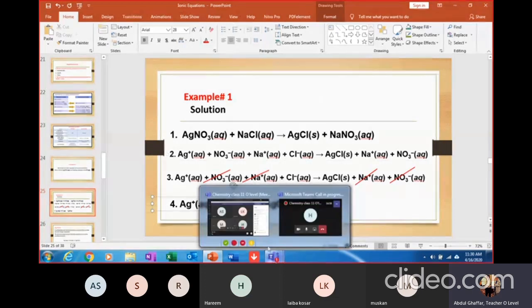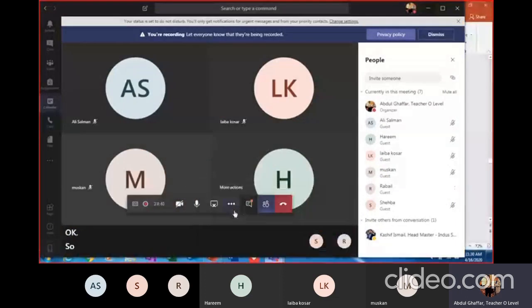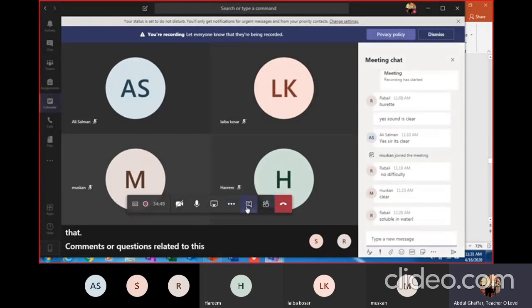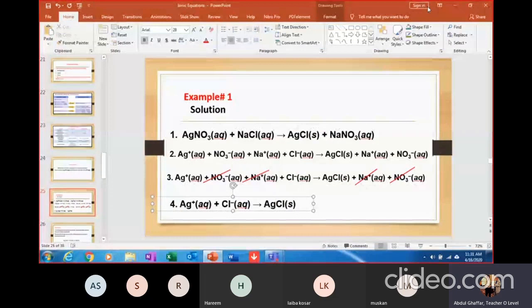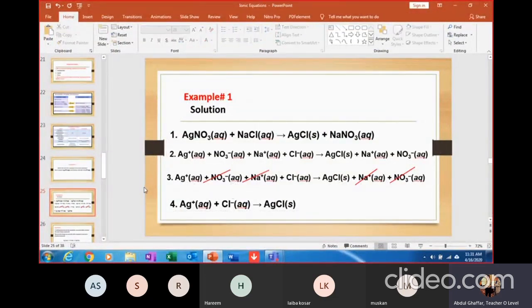Okay, so now I want to hear your comments or questions related to this topic. If you feel any difficulty, you can ask. Turn on your mics, please. Any question in this ionic equation?